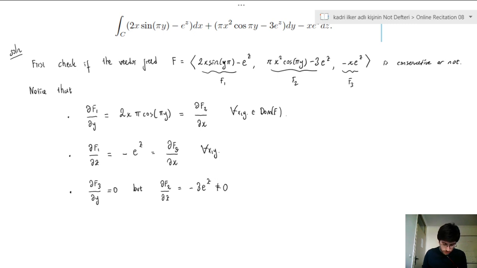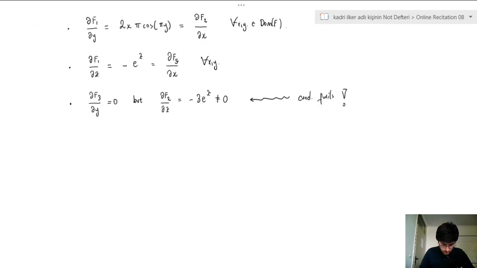So over here the condition fails. What does it mean? Actually, game is over. F cannot be a conservative vector field. So F is not conservative.